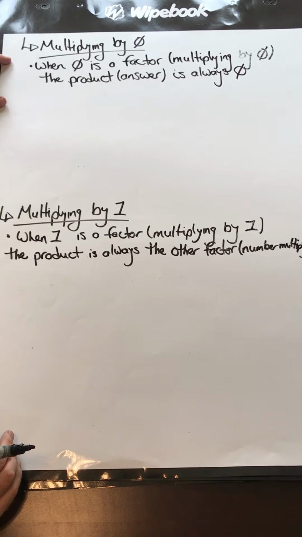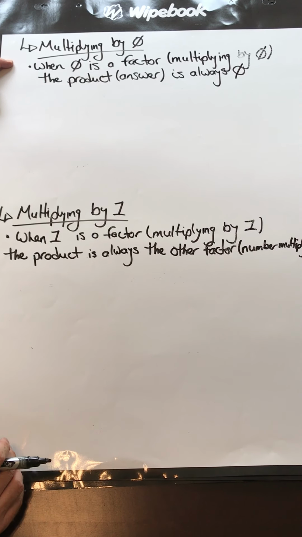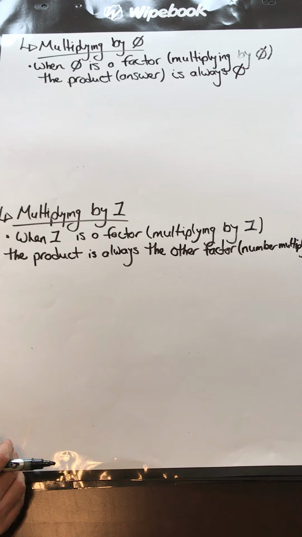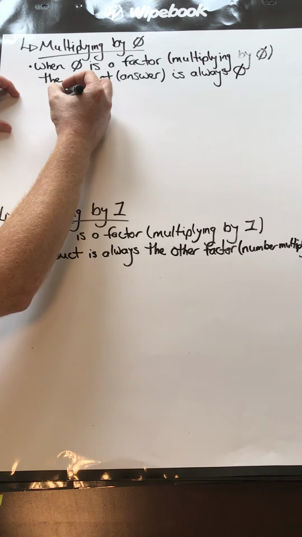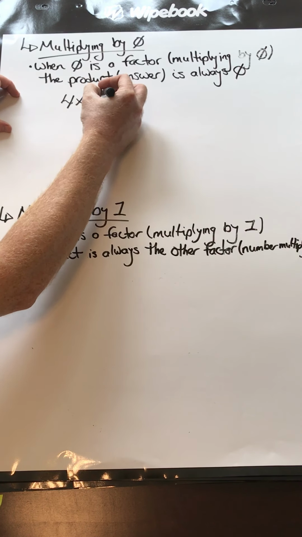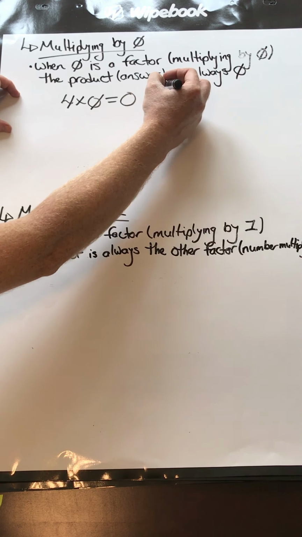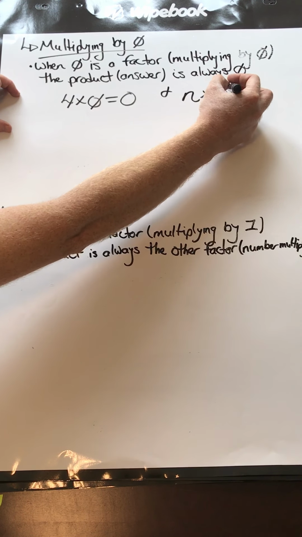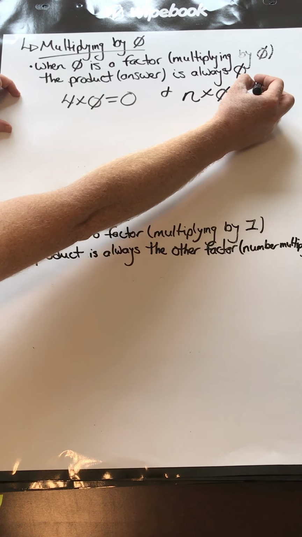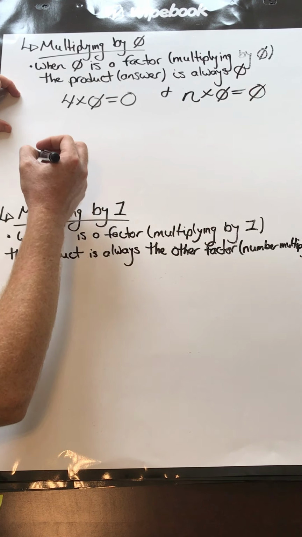The next one we're going to talk about is multiplying by 0. When 0 is a factor, or you're multiplying by 0, the product or the answer is always 0. So if we have 4 times 0, well, that equals 0. And therefore, if we had N times 0, or a variable times 0, that is also going to equal 0.